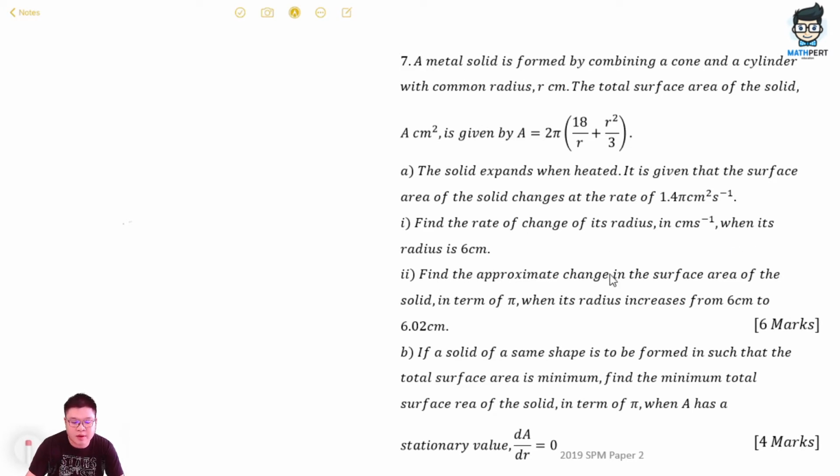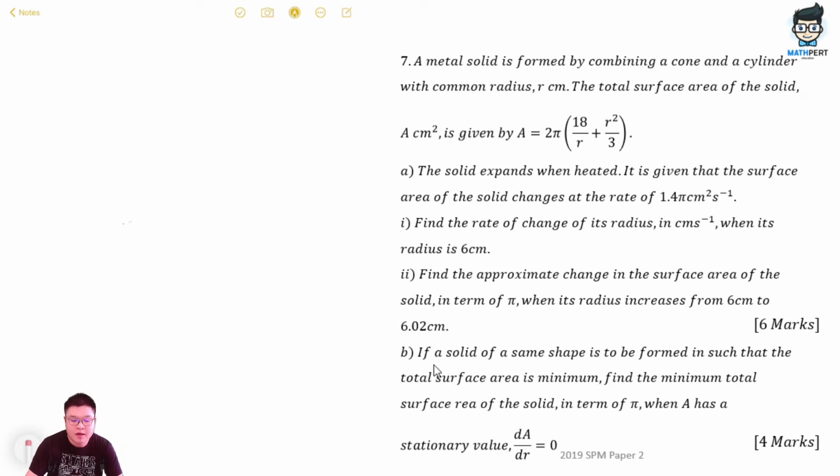Find the approximate change in the surface area of the solid in terms of π when the radius increases from 6 cm to 6.02 cm. This part A of the question gives us 6 marks.